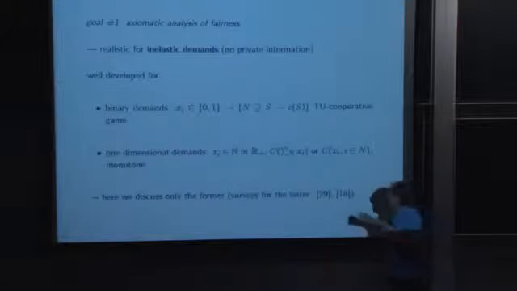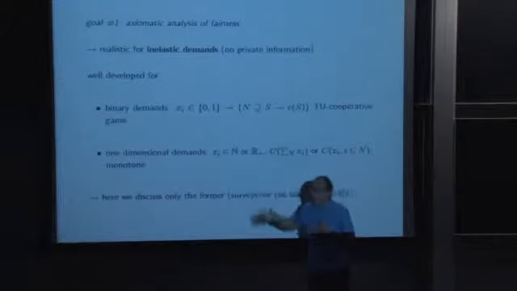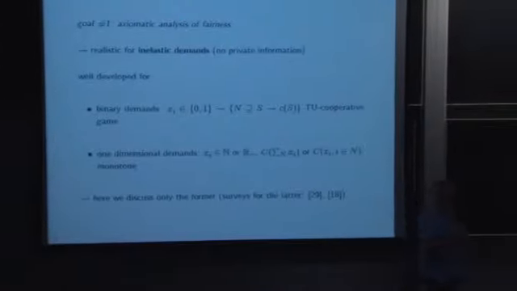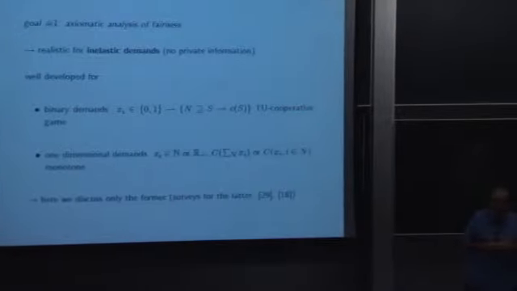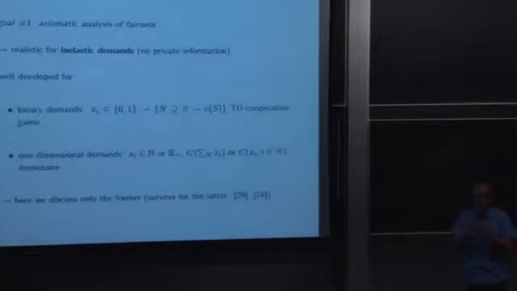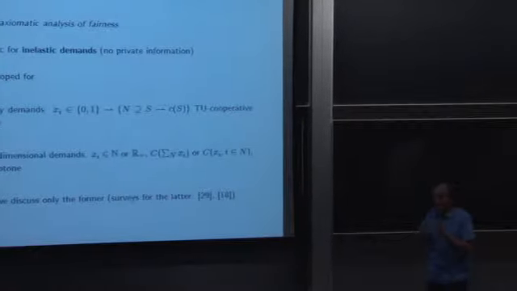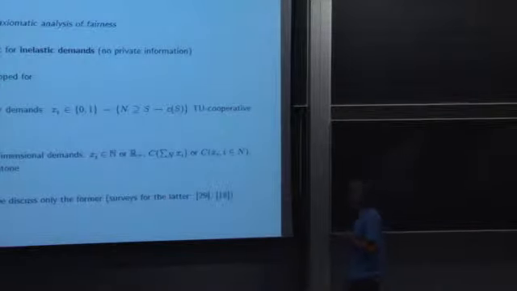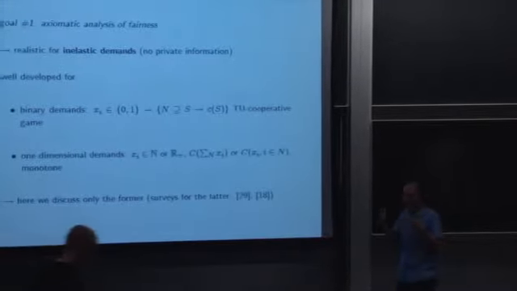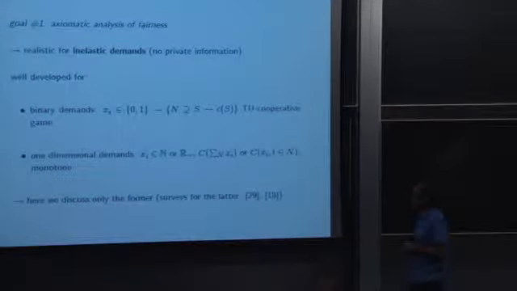So when the demands are one-dimensional, xi is either an integer or a real number or positive real number. The difference between the two is mostly technical, and some of the models work better with integers, some with real numbers. But we don't really think of these two models as being different.